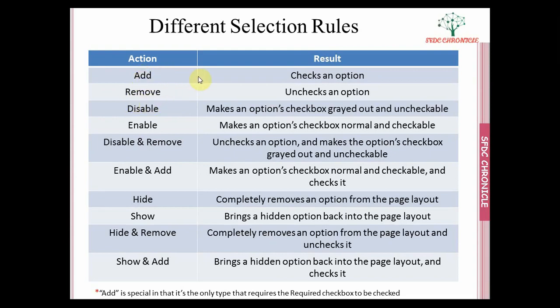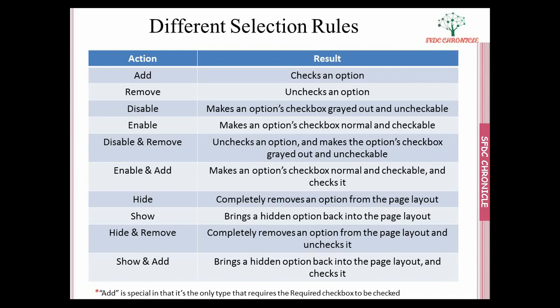Add means check an option, remove means uncheck an option. Disable, you will not be able to check that one. Enable, you can check that one. Disable and remove, if that particular option is already selected, then it will uncheck and disable it, that is, gray out that option. Enable and add, that is, it will enable plus check that particular option.